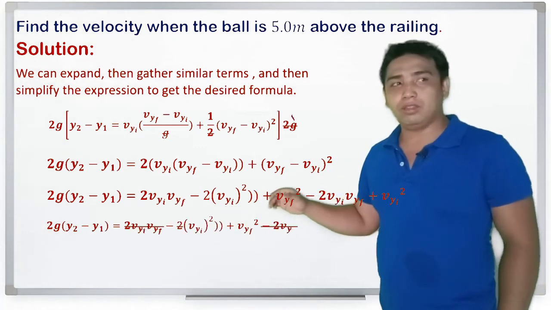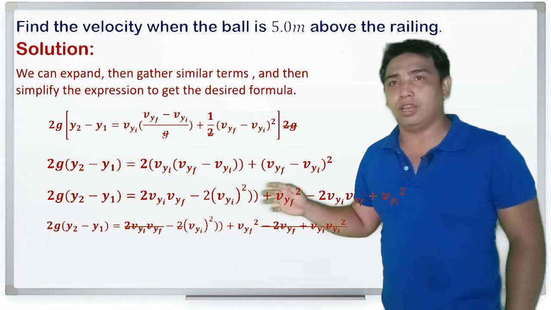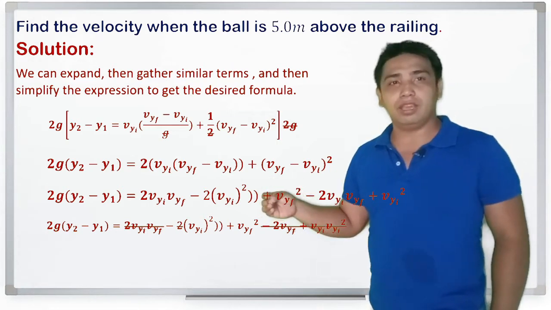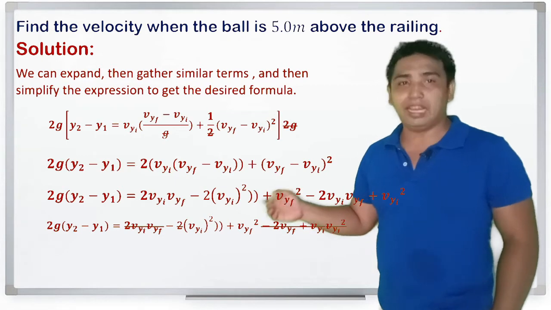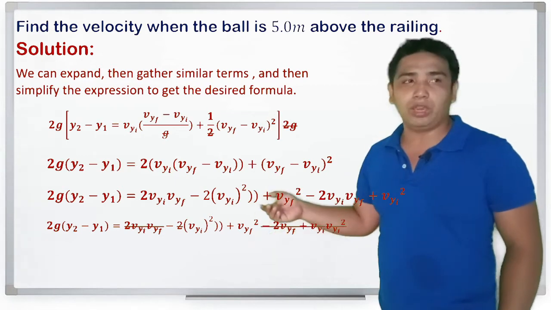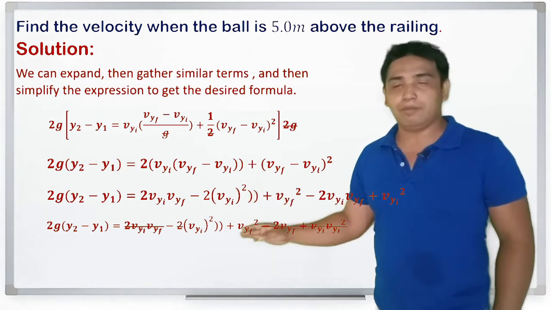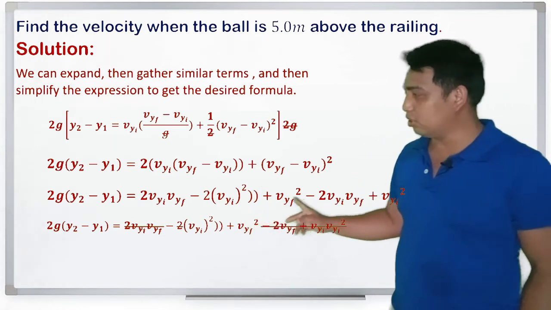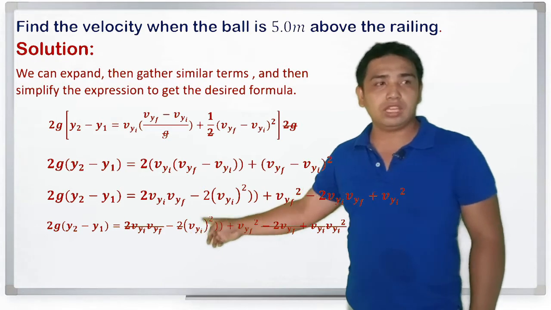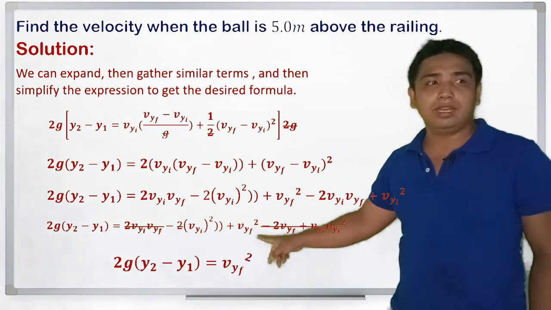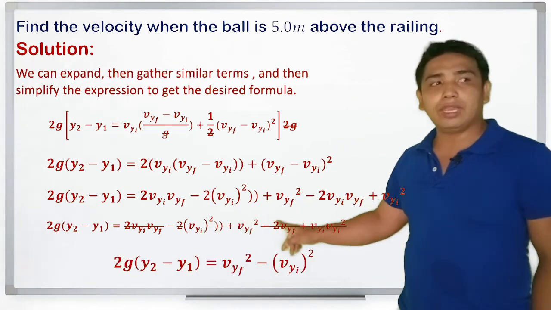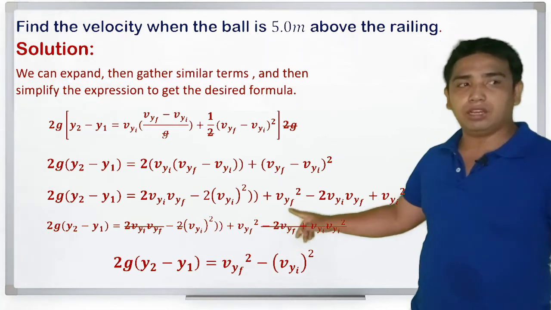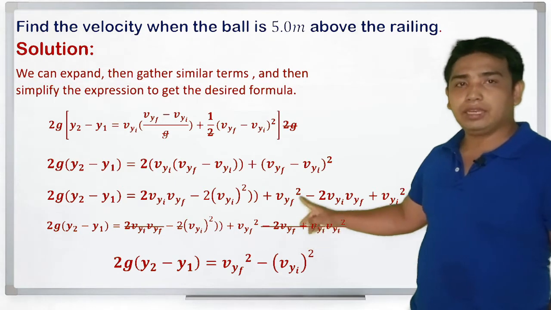We mean to say that they have a common power, they have common variable, but they have unlike sign. So we have to deal with them, then cancel them out whenever possible, and we will see that the resulting equation will be 2g times y sub 2 minus y sub 1 is equivalent to vyf, or the final velocity in the y-axis, squared minus vyi squared.